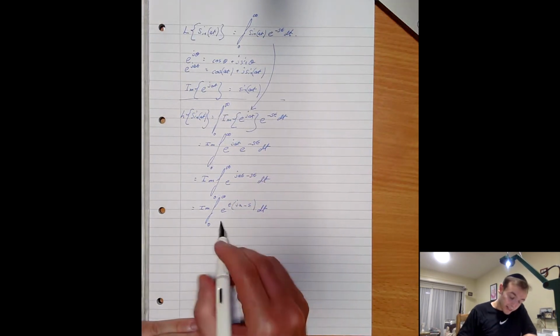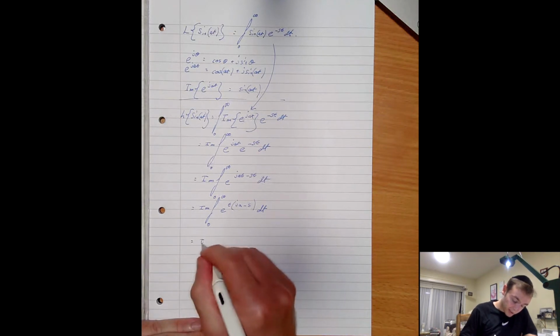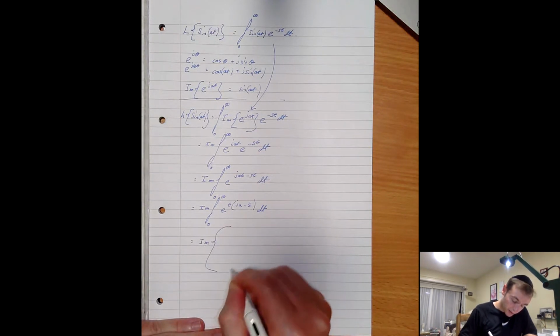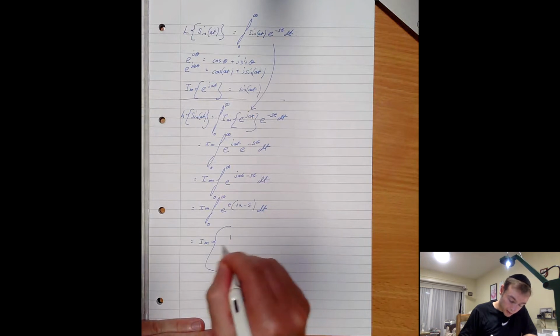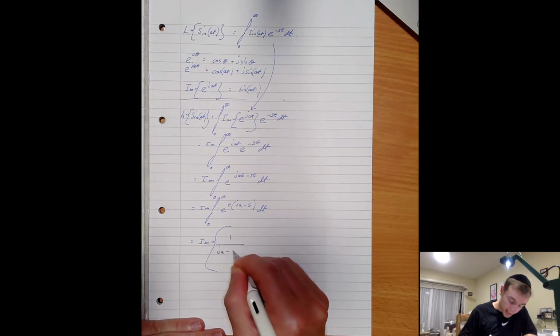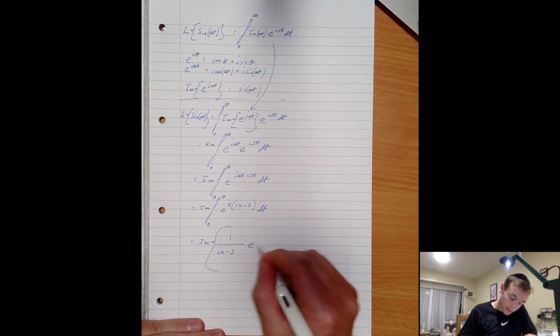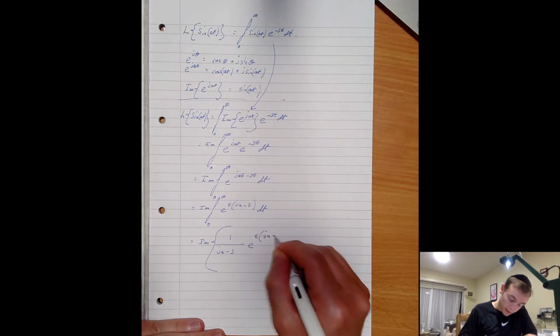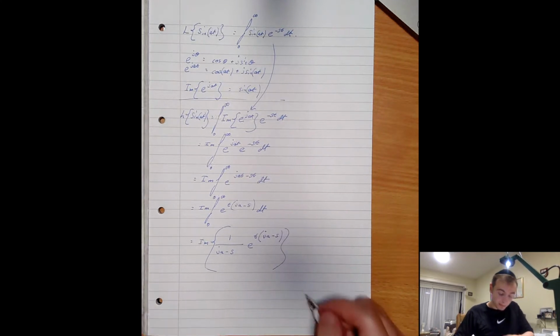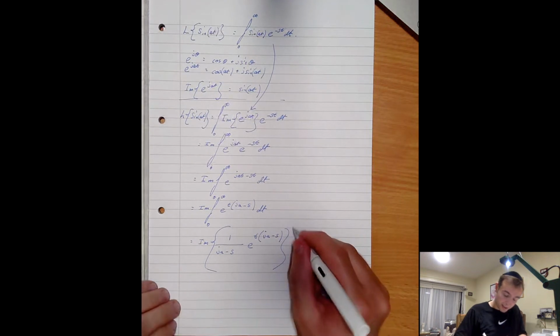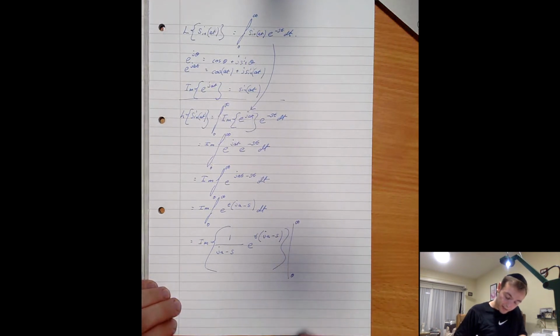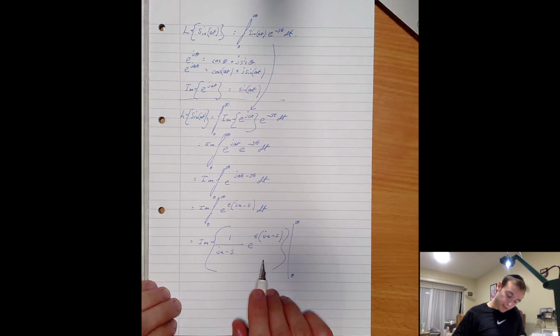So now let's evaluate this integral, which should be quite easy to do. It's just going to be the imaginary part of 1 over (ja minus s), times e to the t times (ja minus s), evaluated at infinity and 0.